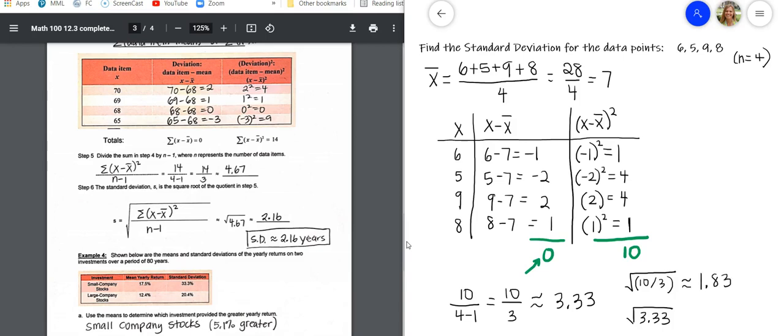If I do the rounded value instead and do square root of 3.33, it's actually going to round to 1.82. So the first one is more precise. The second one, since you rounded the division, is a little less accurate.